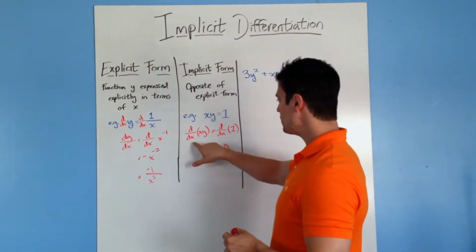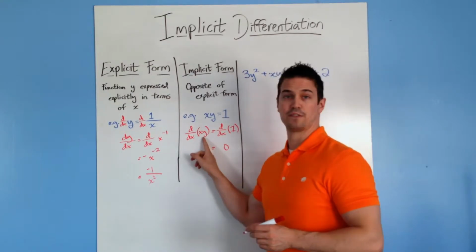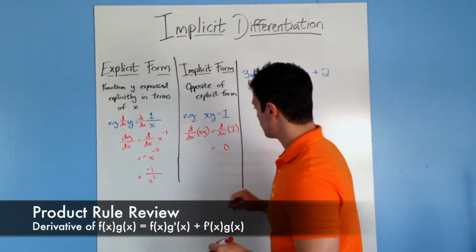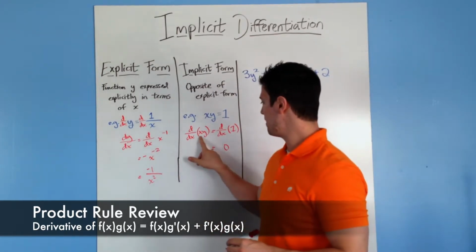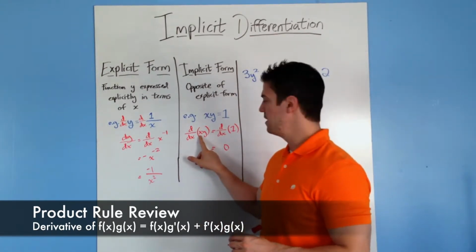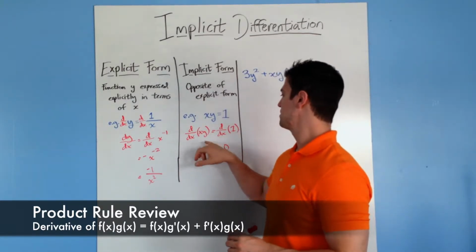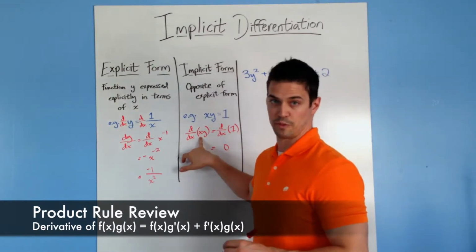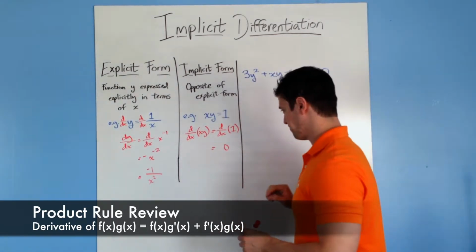Here, you're going to have to use the derivative of a product, so the product rule for derivatives, which in this case would be f times g prime. So here's f, this would represent the f, times g prime, which would be dy over dx, plus f prime, which would be 1, because the derivative of x is 1, times g, which is y.